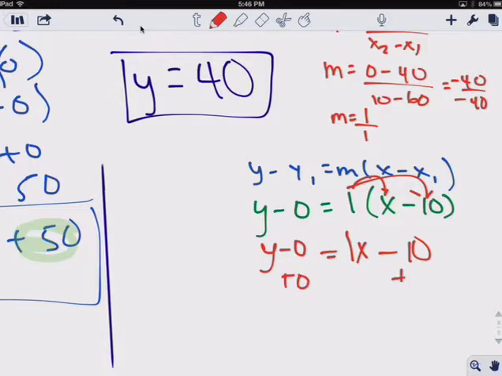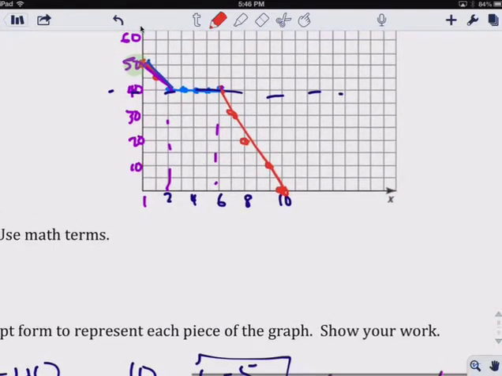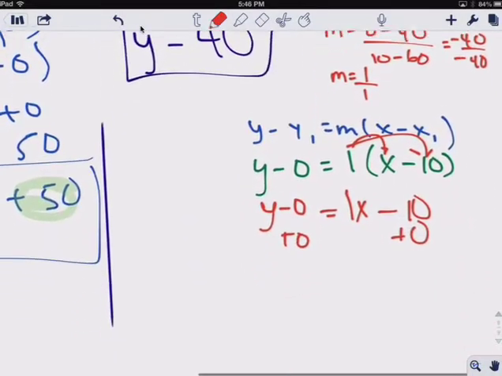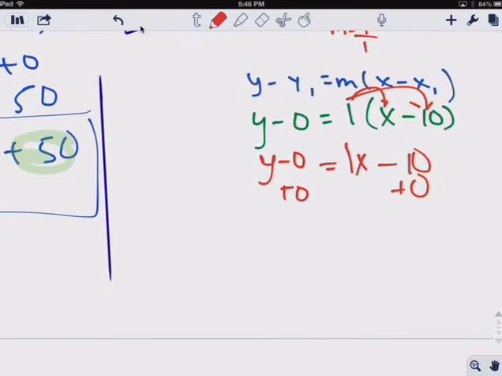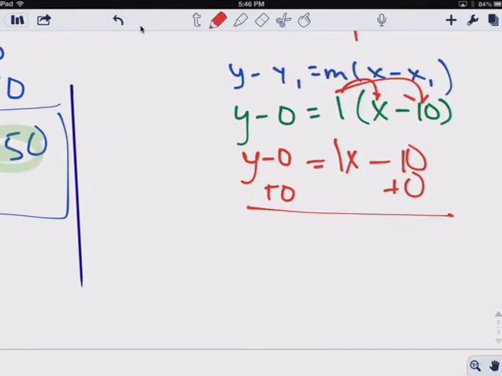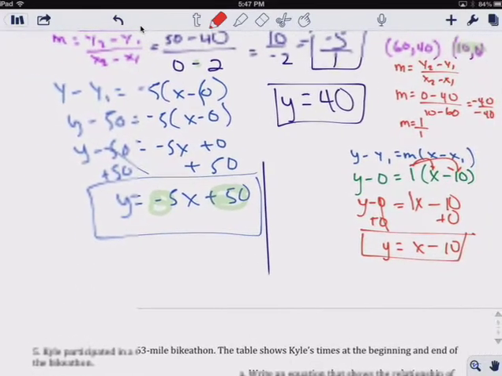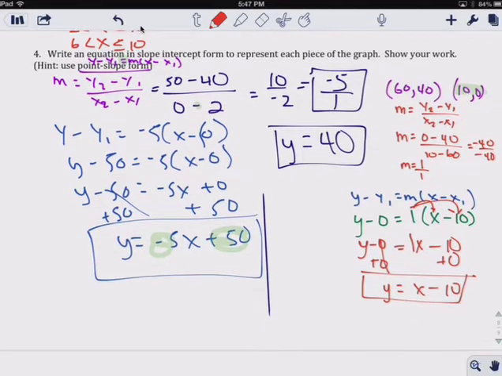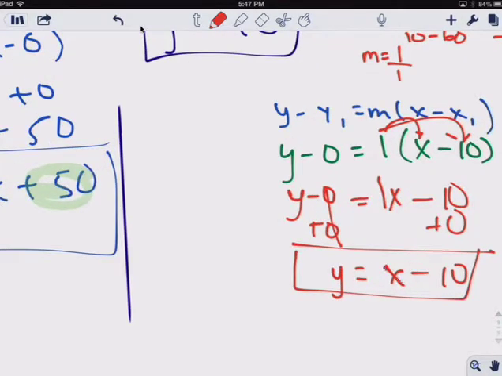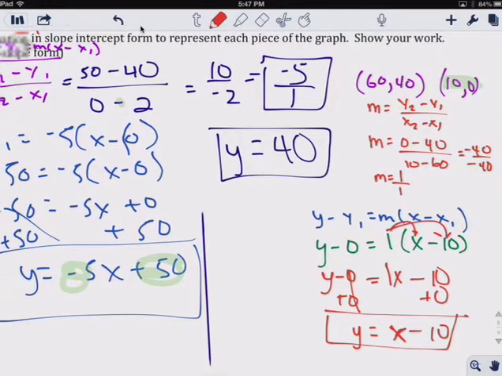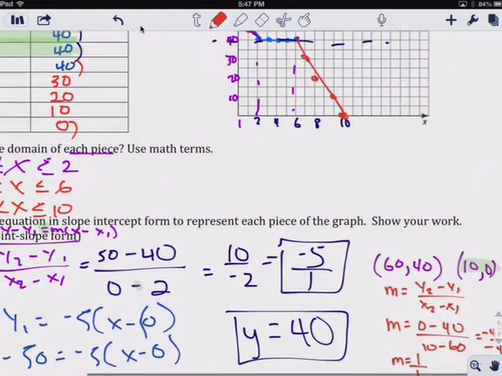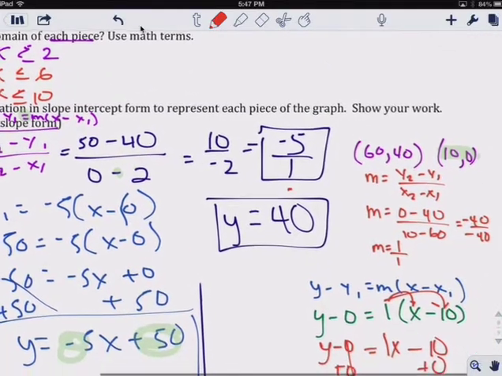Adding 0 will not change anything. Okay, that's your third one. Okay, I got this as positive m, and looks like it's going down, so my slope is wrong.